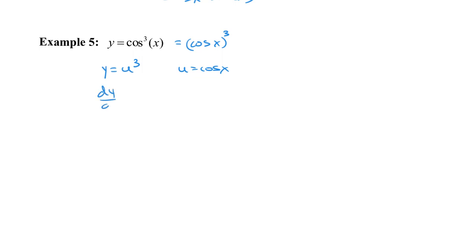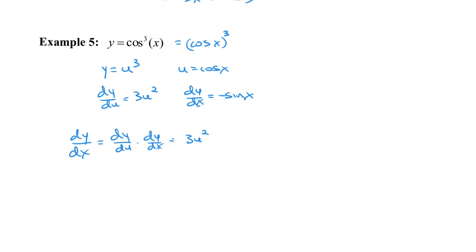Then dy du is going to be 3u squared, and du dx is going to be negative sine of x. Using the chain rule, dy dx equals dy du times du dx, so we get 3u squared times negative sine of x.